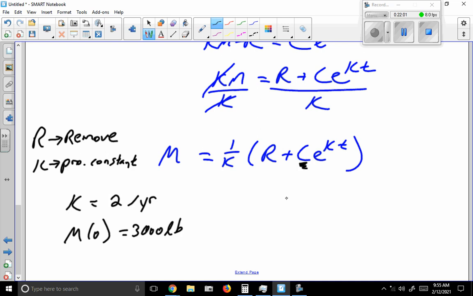And then, depending on what they want to know after that, now that we have our equation, we can solve for whatever we want to. If we want to find out when the mass is 0, we could take our equation once we know our constants, set it equal to 0, and solve to find when we would have a mass of 0. If we wanted to know when we have a different mass, then we could put that mass in and solve for when we would have that mass. If we want to know the population or the mass at a given year, we could plug in a number for t and get the mass in that year.